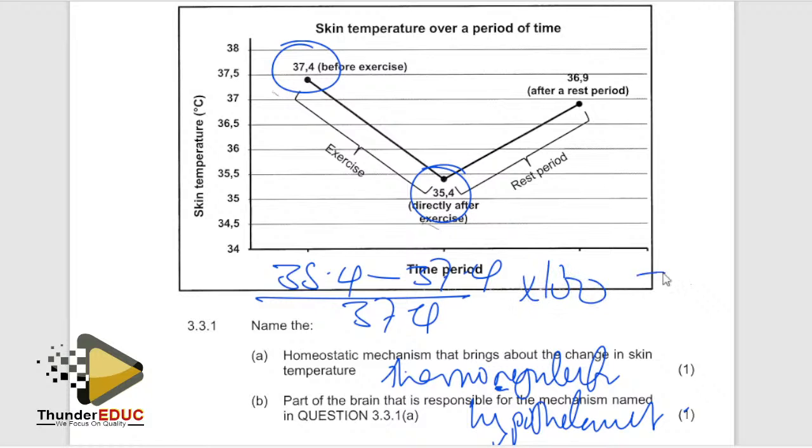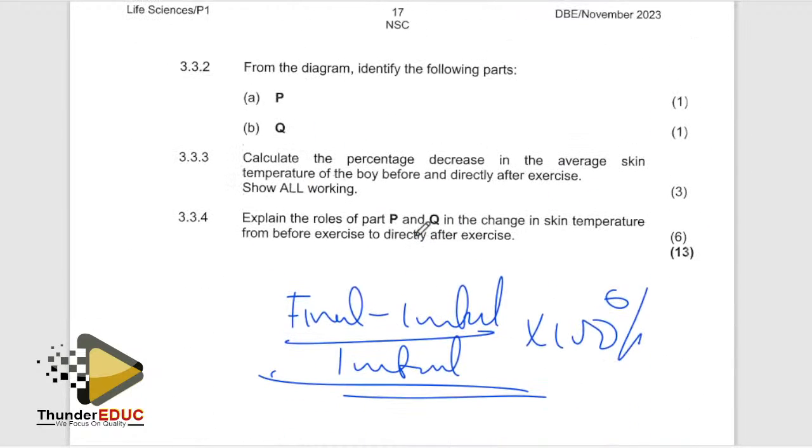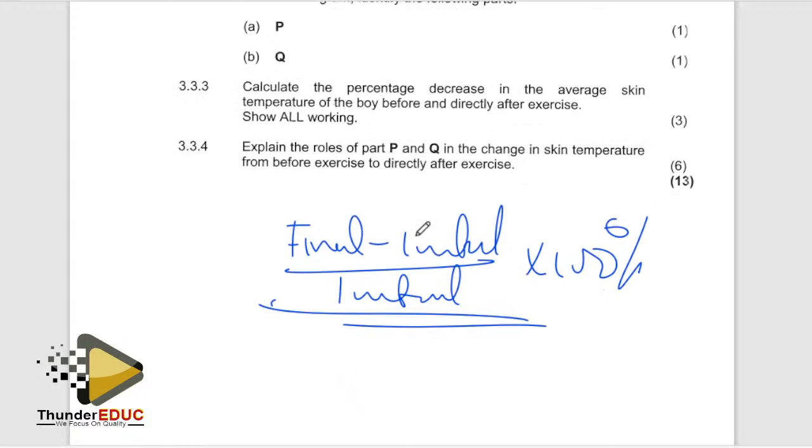However, the answer you're going to get is negative, which shows it is a percentage decrease. Some people got a negative answer and then crossed it. But even if you swap it, it's going to be the same figure, but now it's going to be percentage increase, not percentage decrease.